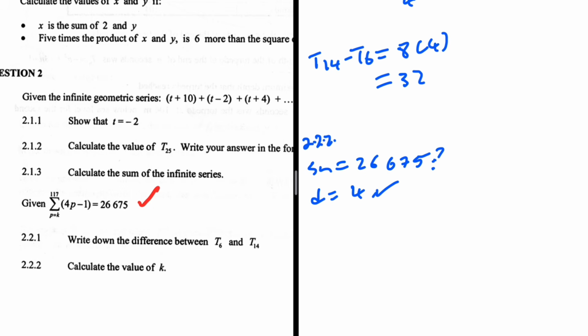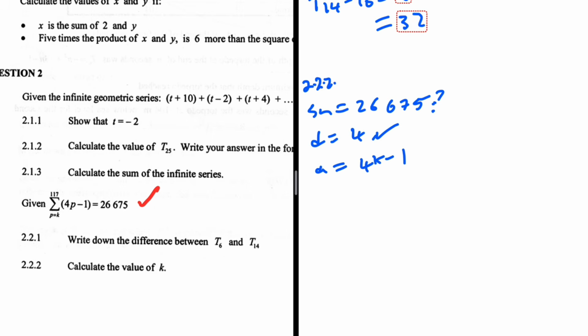Can we find the first term? Yes, we can, because the first term is 4K minus 1. We substitute K in place of P. So we have A, we have the difference. We don't have the number of terms, but we know that the number of terms is equal to the top number, 117, minus the bottom number, K, plus 1.